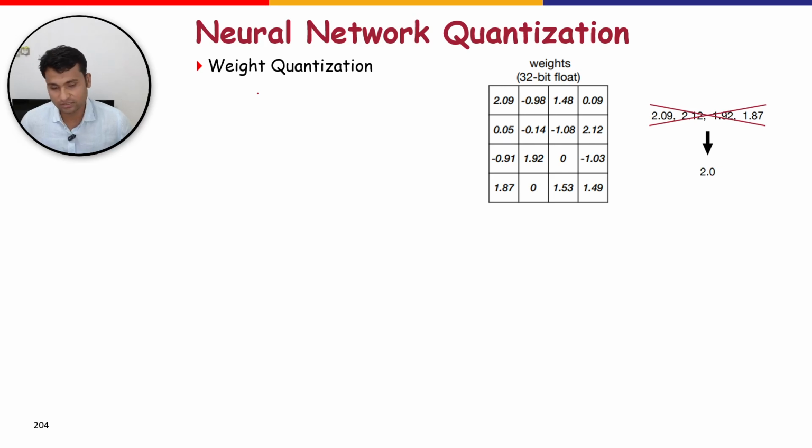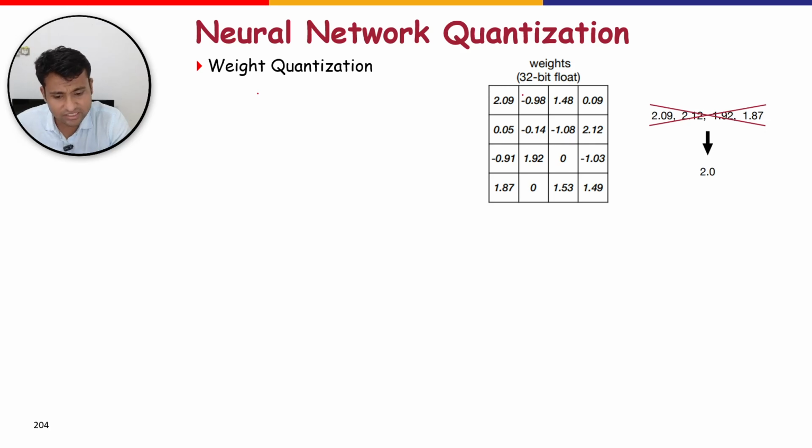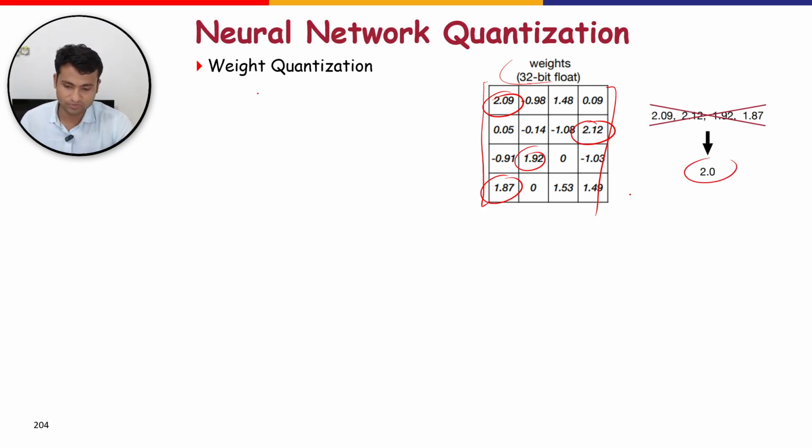So how it works is simple. Whenever you have a weight, we're considering a weight matrix of 4 by 4, total 16 weights. In real life, these can go up to something like 16 million, depending on our convolution or fully connected operations. But here, all these values which are close to 2, like 1.2, 1.87, we represent all of them with 2.